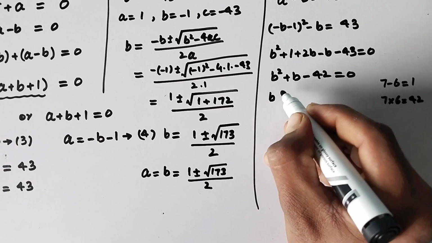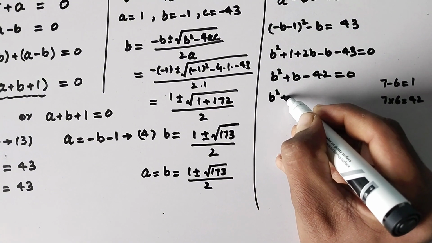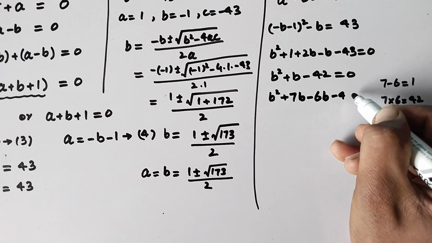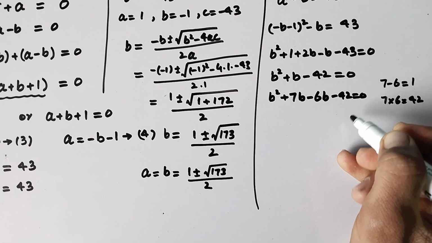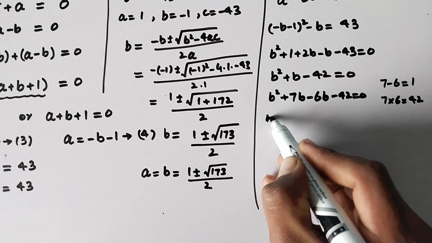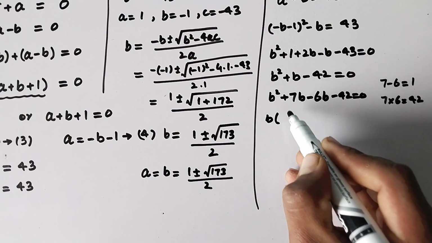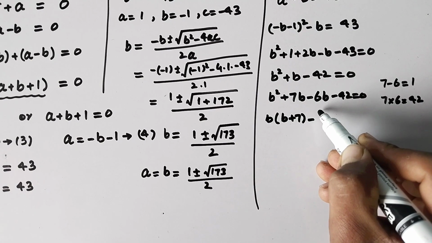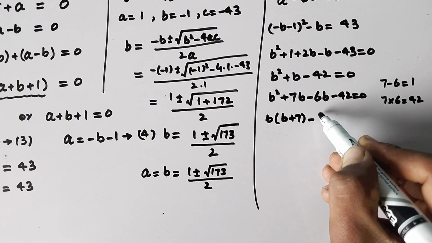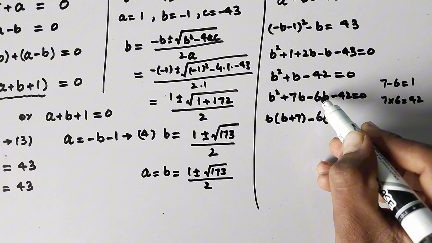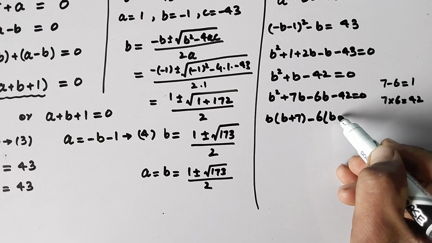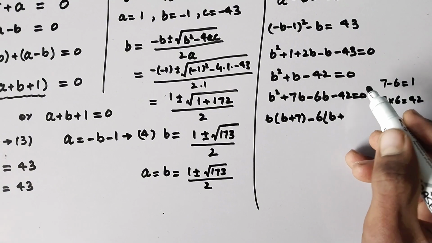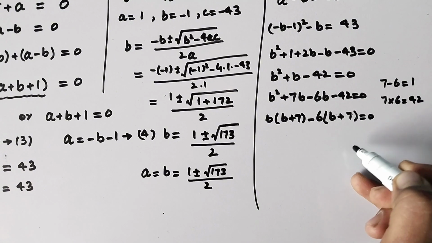Therefore here we will write b squared plus 7b minus 6b minus 42 is equal to 0, and from here we will take b as common factor, so here we are left with b plus 7, minus, from these two values we will take minus 6 as common, so here it will be b, minus times minus is plus, 42 divided by 6 will be equal to 7, equal to 0.